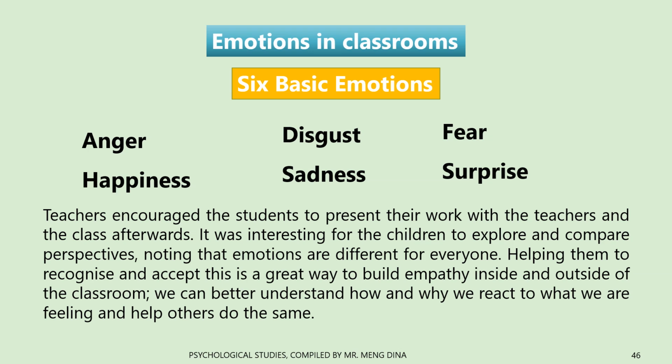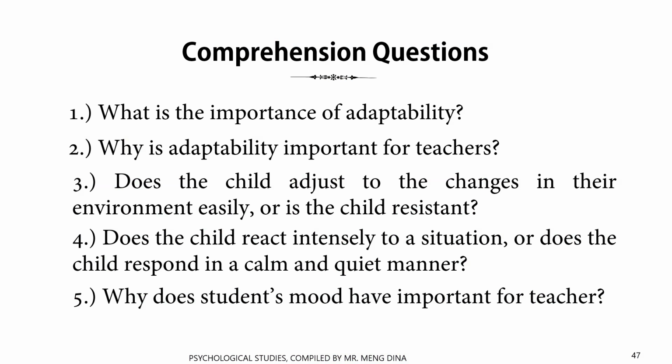So before we break, I should bring you to know about the homework that you should do at home. Let's go. Comprehension questions, we have 5 questions. Number 1, what is the importance of adaptability?